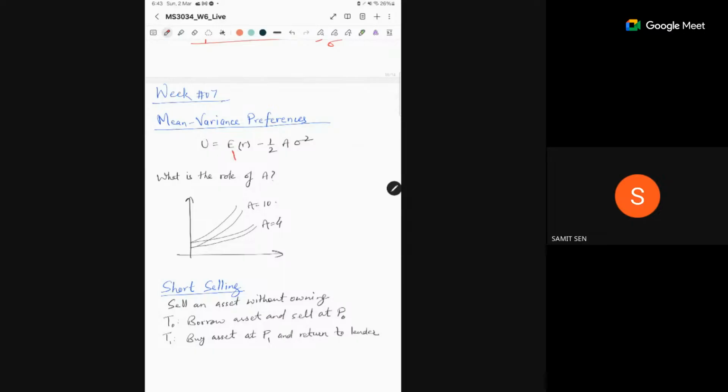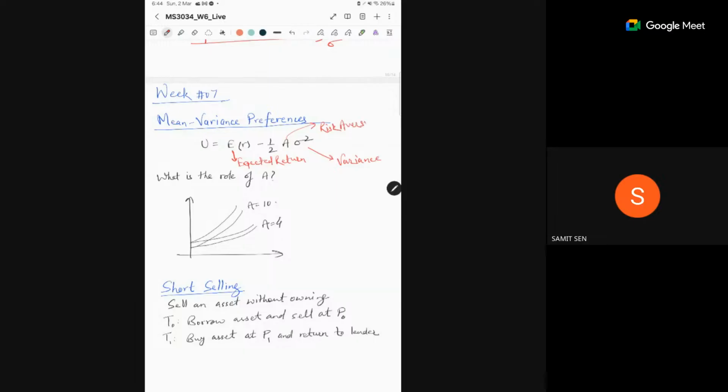This is your expected return, and this is your variance, sigma squared is your variance. And what is this parameter A? We call this the risk aversion parameter.